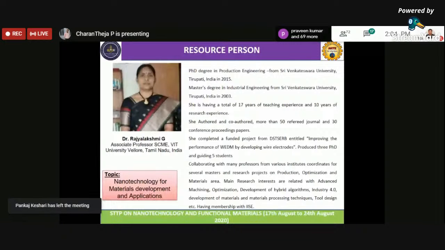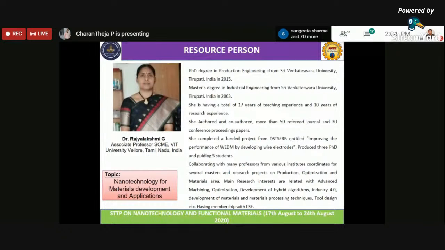She has a total of 17 years of teaching experience, nearly 10 years of it research experience. She has authored and co-authored more than 50 refereed journal papers and 30 conference proceedings papers. She completed a funded project from DST SERB entitled Improving the Performance of WEDM by Developing Wire Workflows.